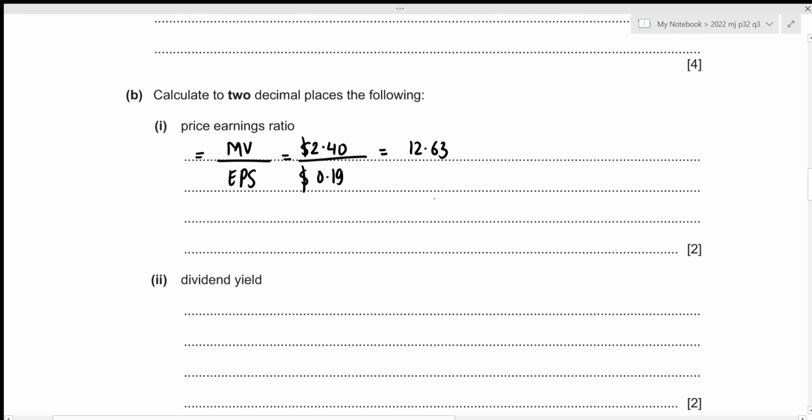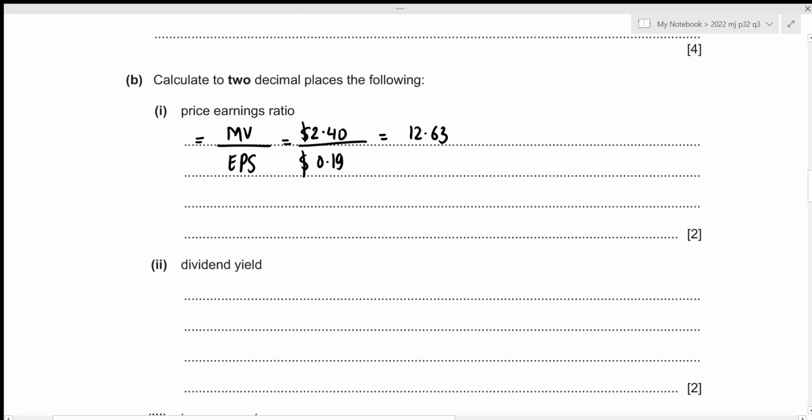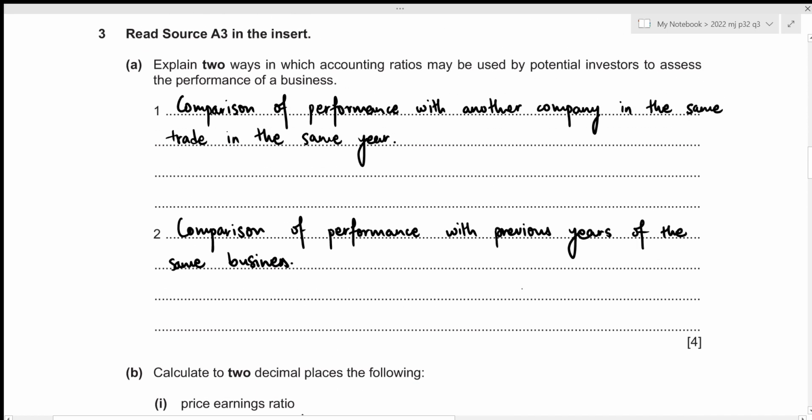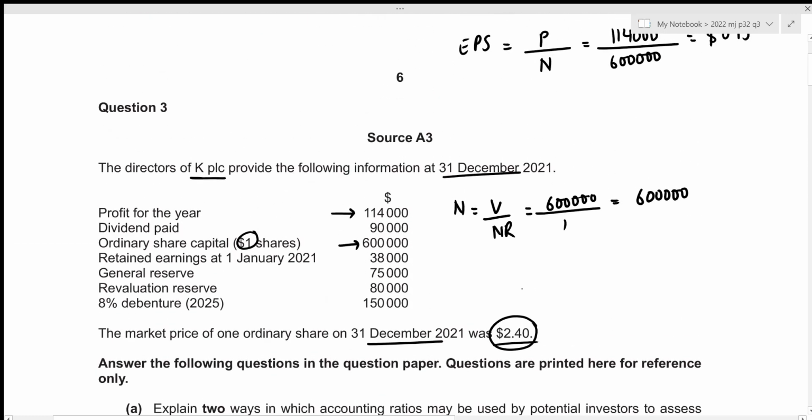Next, we need to figure out our dividend yield, and the formula for dividend yield is just the dividend per share divided by the market value times 100%. We already have the market value to be 2.40. Let's figure out our dividend per share. The formula for dividend per share is the total dividend divided by the number of ordinary shares.